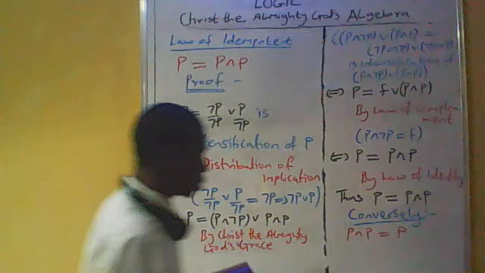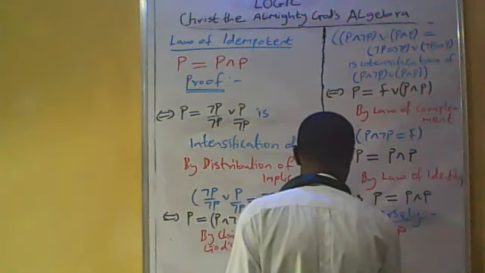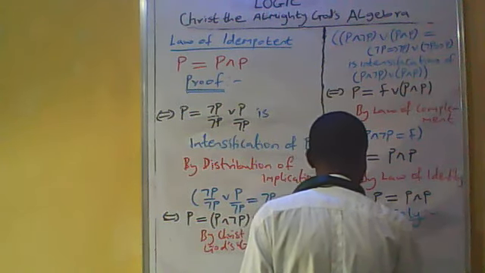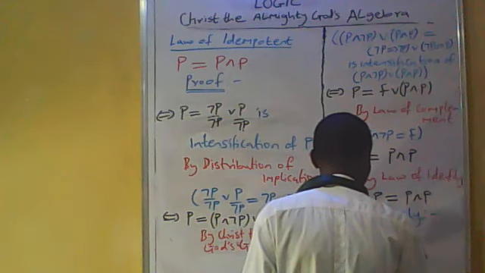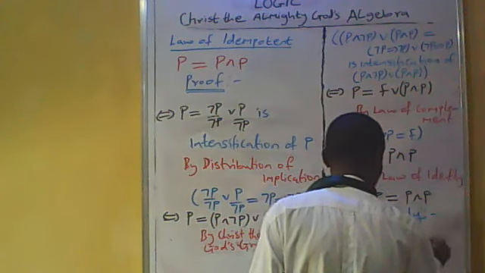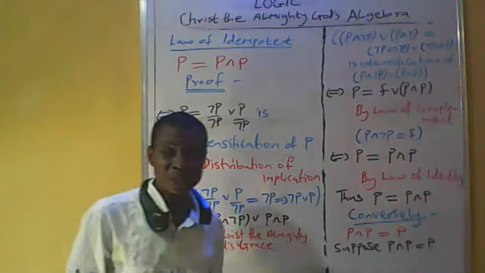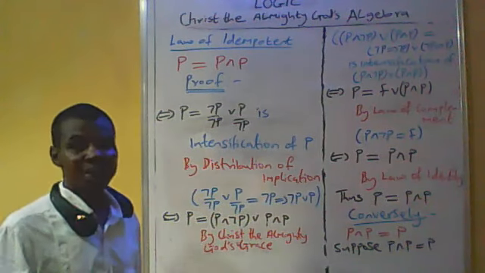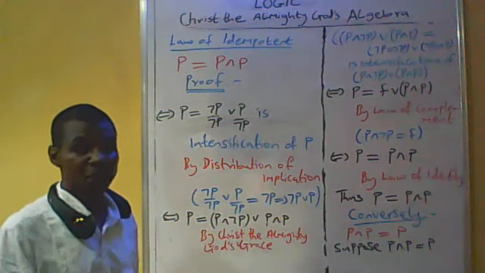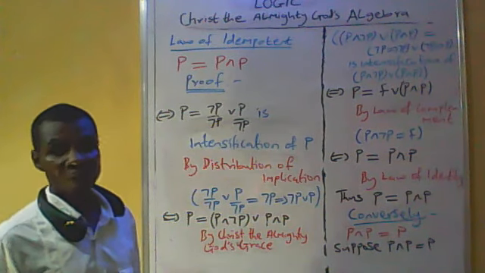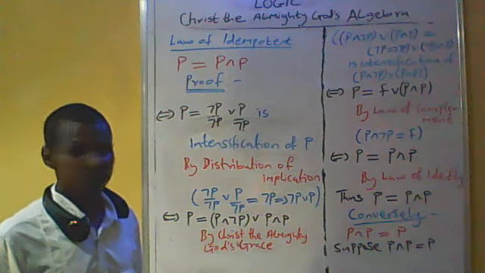So suppose P and P is equal to P. That means we assume that the statement is true, and it's our hypothesis to prove that it is true.